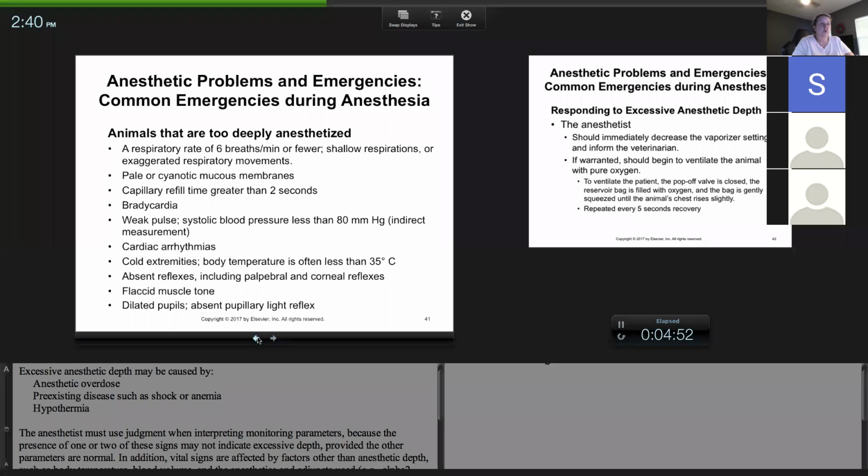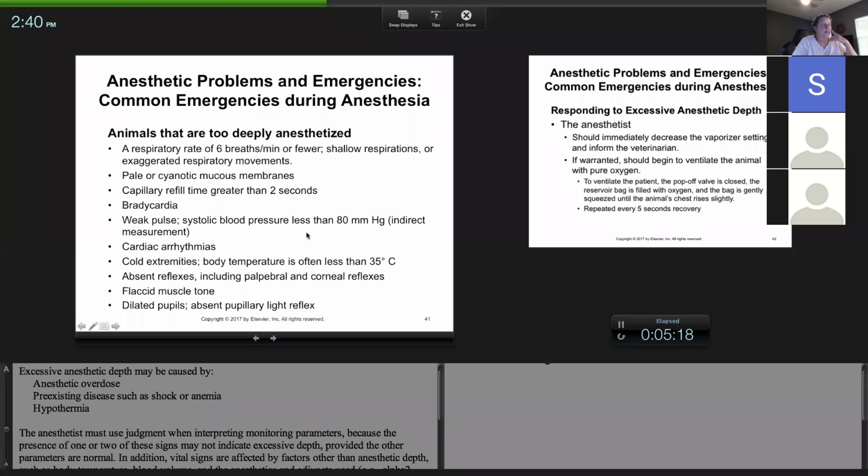Well, I told you pretty much my low is 6 breaths a minute. Because I have a lot of patients that breathe 8 times a minute, a patient breathing 6 times a minute, I'm watching very closely because that's bordering on really, really low. Sometimes they get pale. CRT is extended because typically they have low blood pressures.